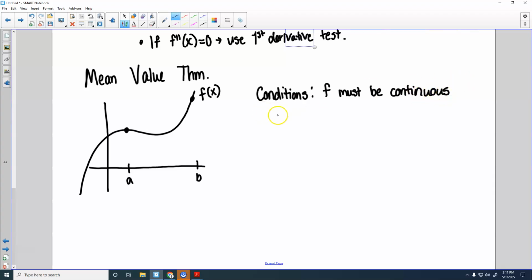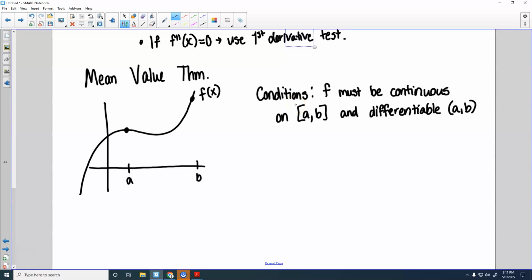Technically, it's continuous on the closed interval from A to B and differentiable on the open interval from A to B. That just means you don't have to be differentiable at the endpoints. That rarely becomes an issue. Most of the time it's just going to be continuous and differentiable everywhere, so it's fine. So f must be continuous and differentiable.